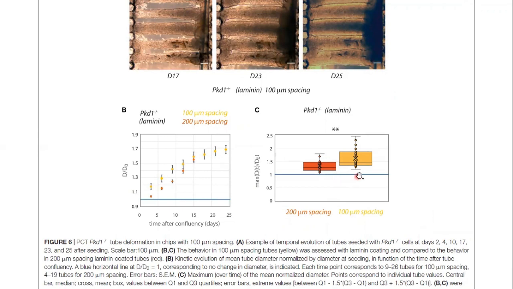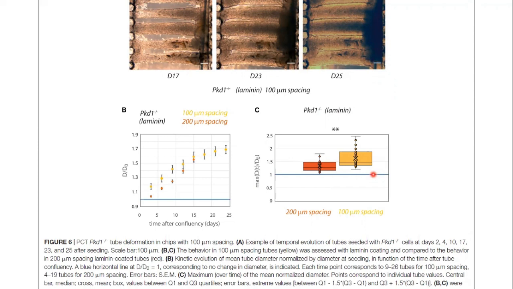So we can observe a higher deformation when the 100 micrometer spaced chips are used. So this separation is the best to be used if we are going to study the deformation of the tubules caused by ADPKD.